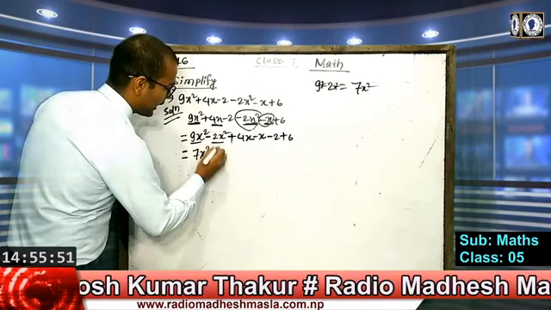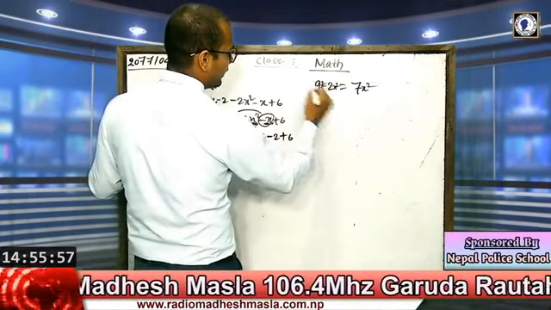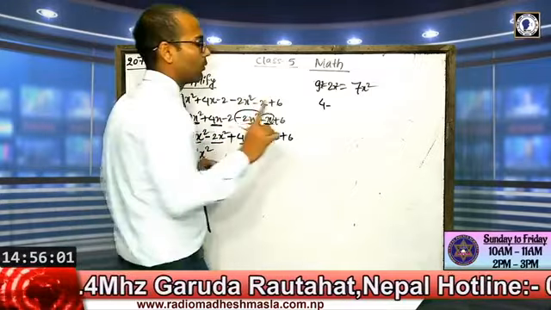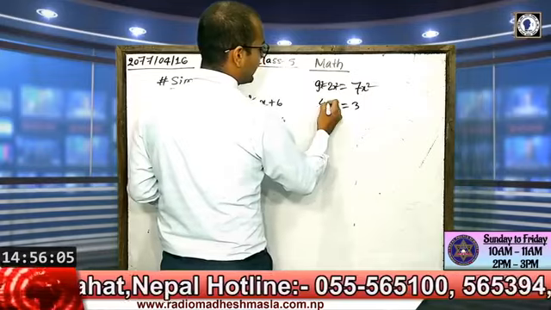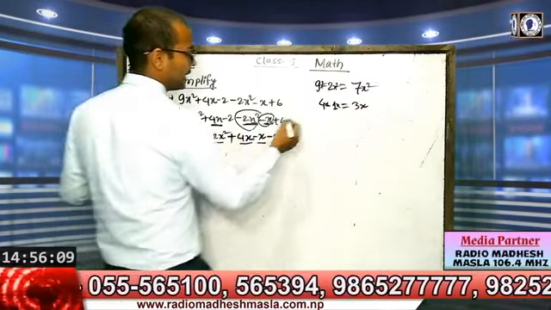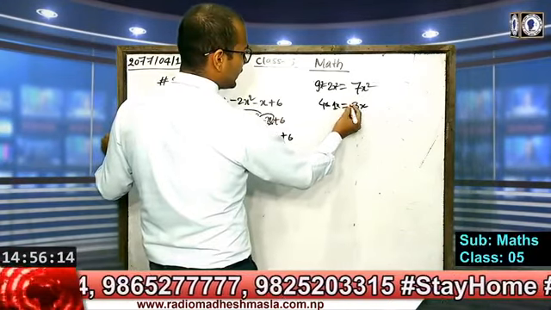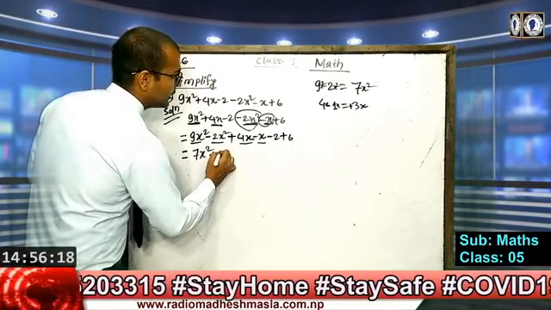In the same way, 4x minus x: x means 1x, so 4 minus 1 is equal to 3, and again there is x, so we also put x there. There is no sign, which means there is a plus sign, so we use plus here. It means 3x.